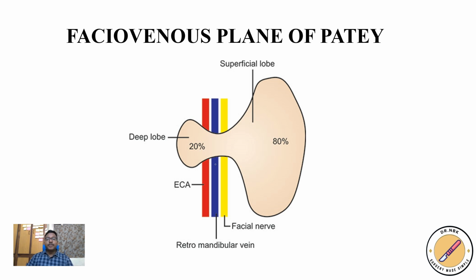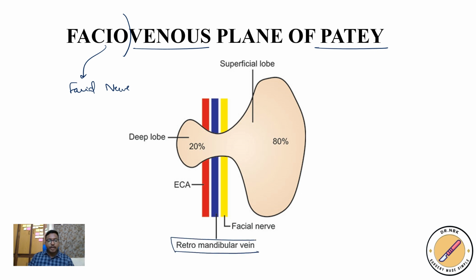Next, this is an important anatomical landmark when we are doing surgery, especially superficial parotidectomy. How do we know which is superficial and which is deep? There is an important landmark called the fascio-venous plane of Pate. Fascio means facial nerve, and venous refers to the important vein, the retromandibular vein.